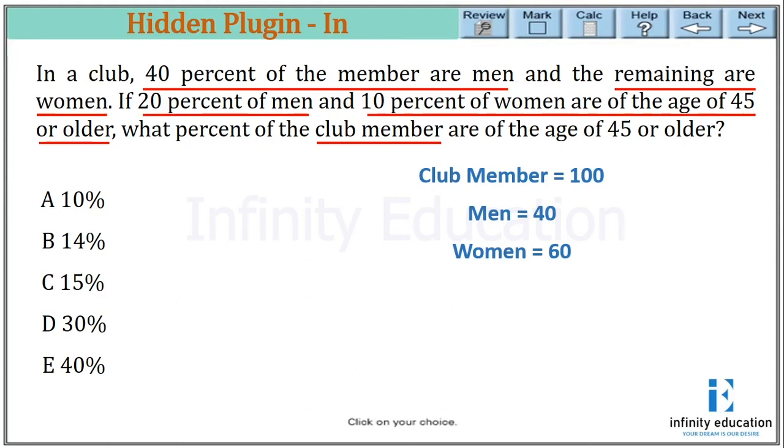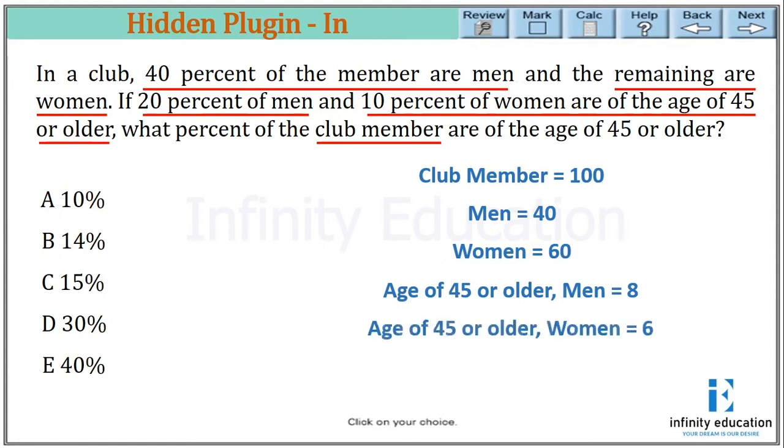So 20% of 40 is 8, and 10% of women, that is 10% of 60, is 6, who are 45 or older.